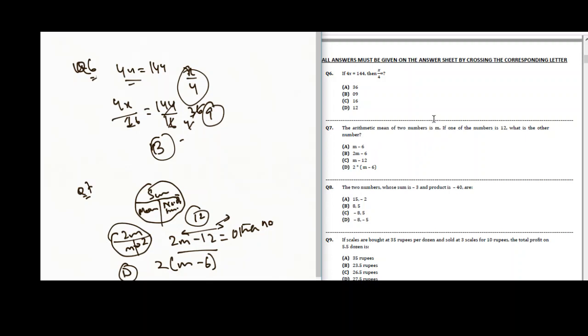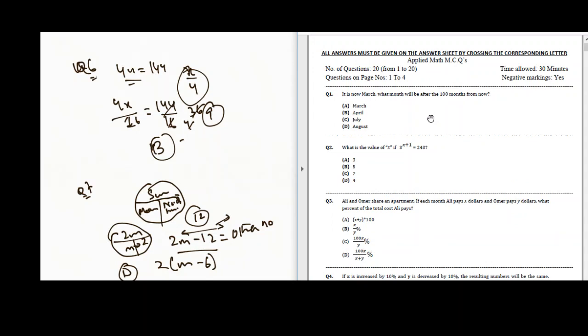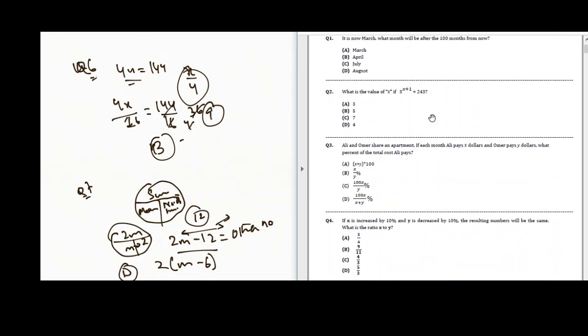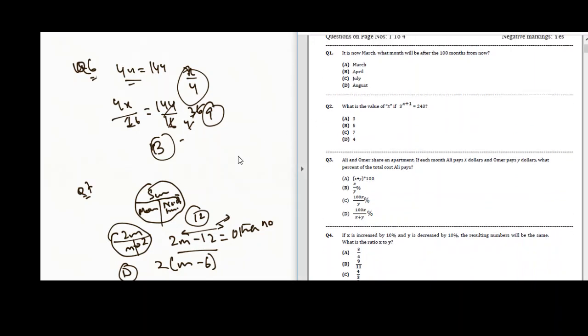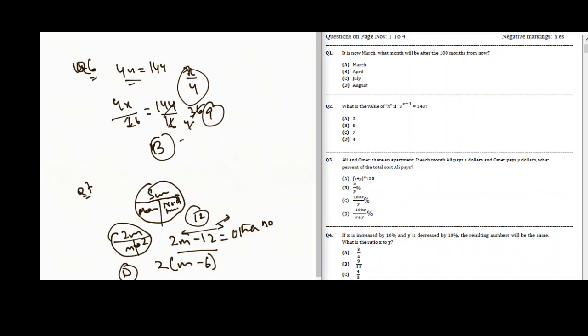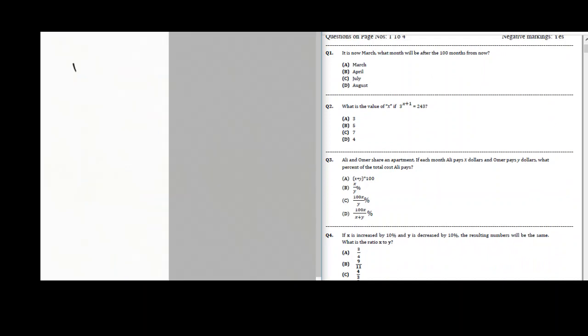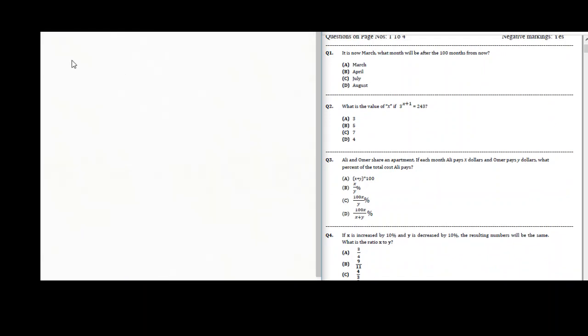Now let me check. Okay, question number 1 of this paper. It is now March. What month will it be after 100 months from now? March is the third month.